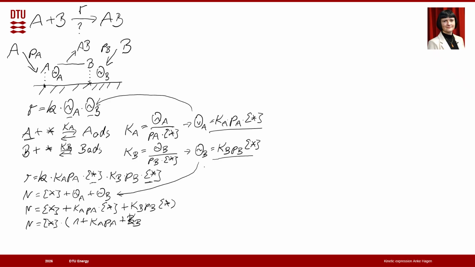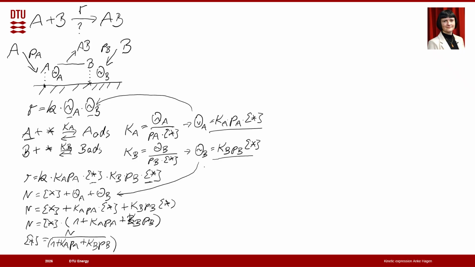Now, as the unknown term is the concentration of free sites, we rearrange the equation into this parameter. The concentration of free sites is then the total number of active sites divided by 1 plus equilibrium constant times partial pressure A plus equilibrium constant times partial pressure of species B.